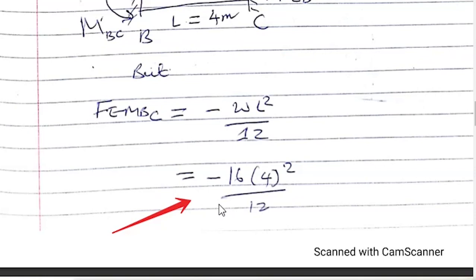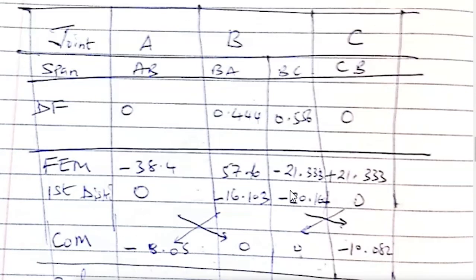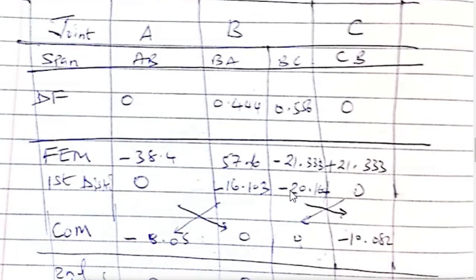So you can calculate the value; it is equal and opposite. BC should be negative and CB should be positive. Now they are equal and opposite. Upon calculation, you can get your value. Once you get your value, you can start to calculate your table now.